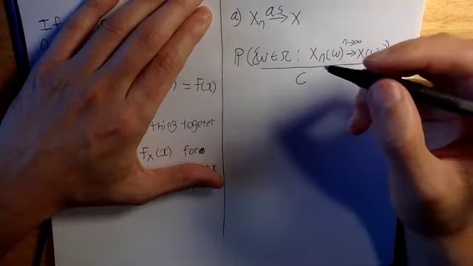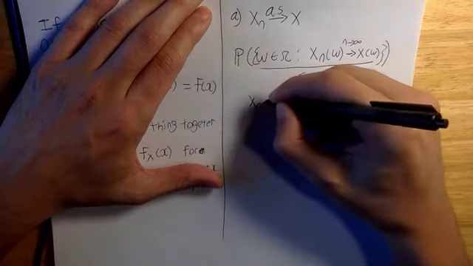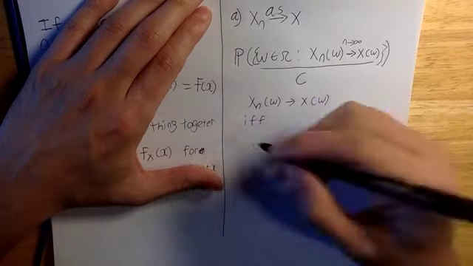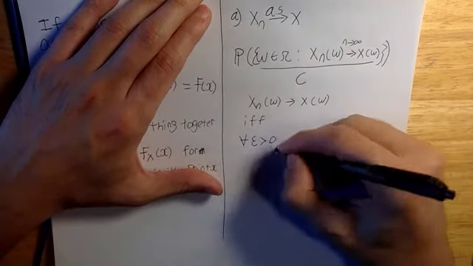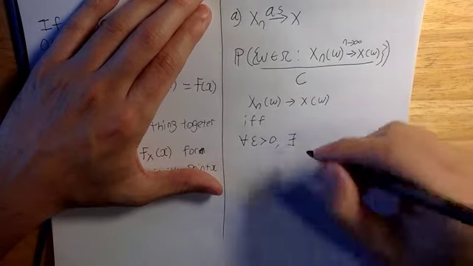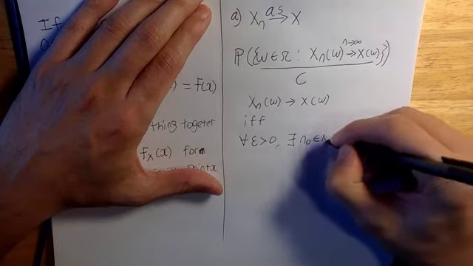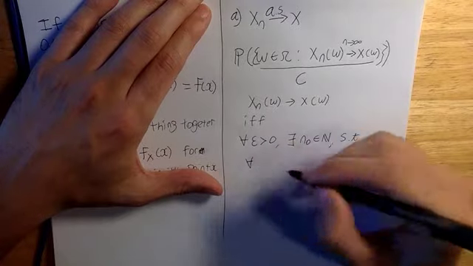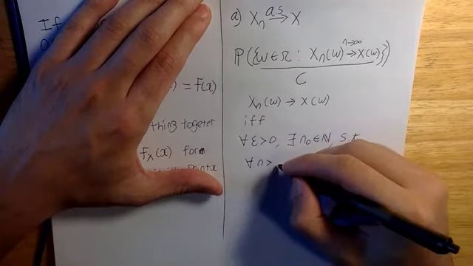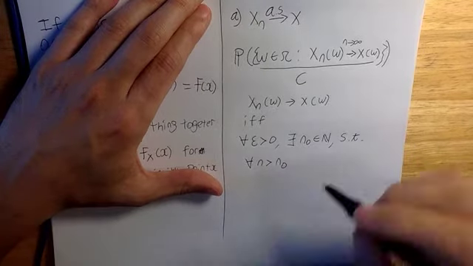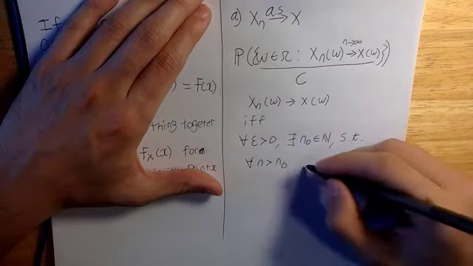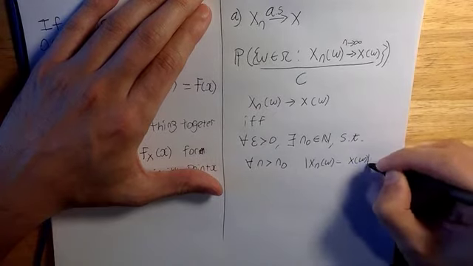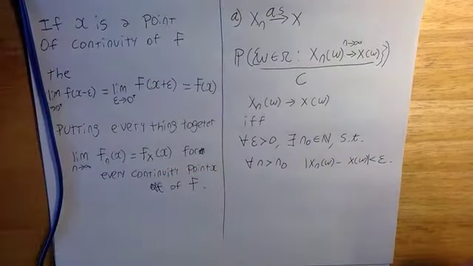It converges if and only if for every epsilon positive there exists an n0 in N such that for every n bigger than n0, |Xn of omega minus X of omega| is less than epsilon.